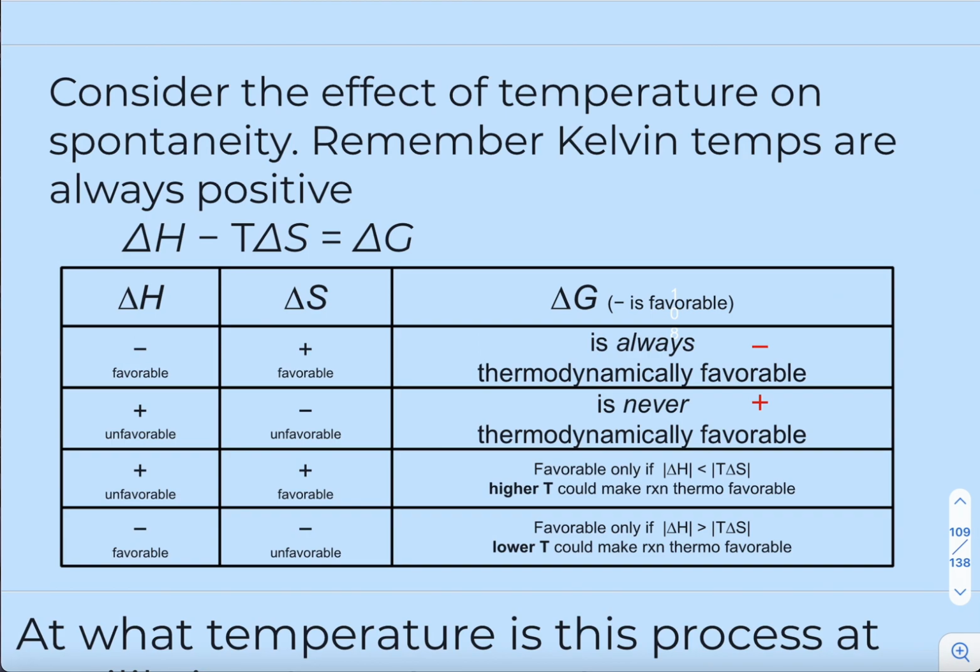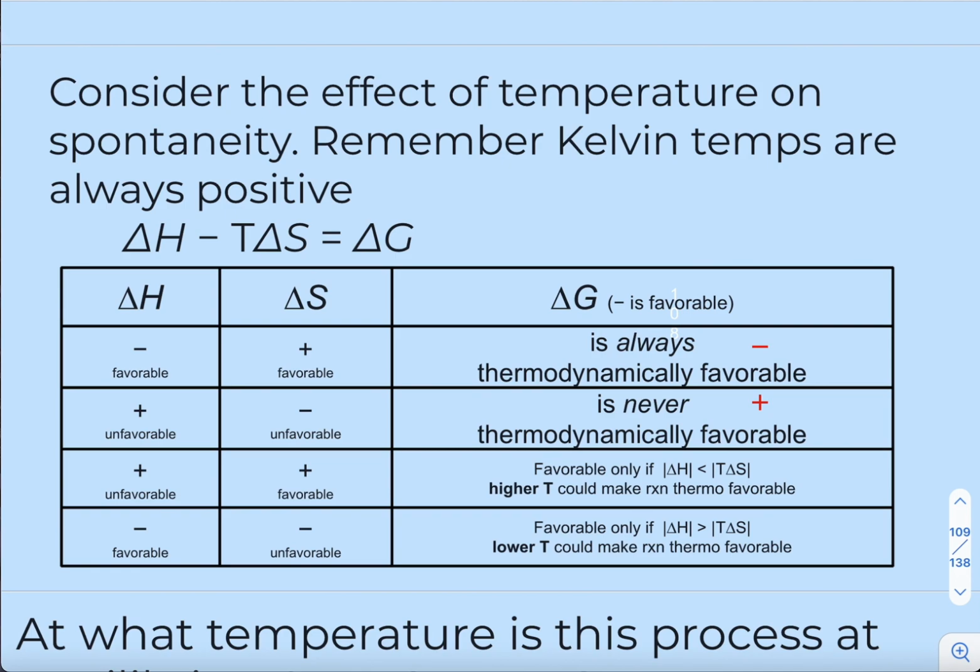Okay, so here's a little bit of a look that kind of summarizes what we were just talking about. Okay, so in this formula, T is Kelvin, so you know this is always going to be positive. So it really just comes down to delta H and delta S. So here's a nice little chart that would be helpful. If both are favorable, then delta G, the reaction, will also be favorable.